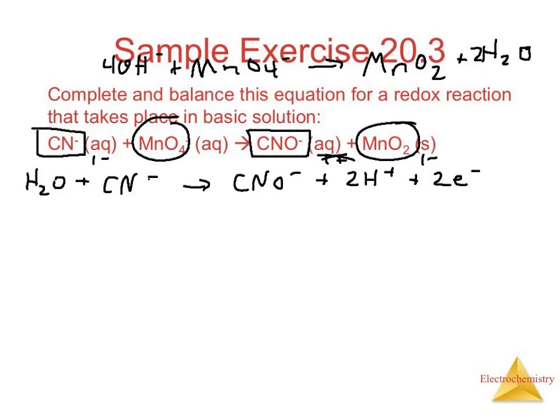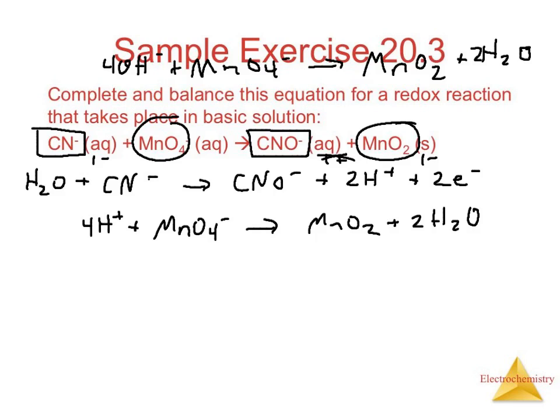The second half reaction, MnO4- yields MnO2. Okay, in that one, the manganese is already balanced, but to balance the oxygens, I need to add 2 H2O to this side. We already talked about that. That gives me 4 extra H's, so I'm going to add 4 H+ to this side. Okay, so now my overall charge on this side is a 3+, because I've got the 4 H+ and then the minus from the permanganate.